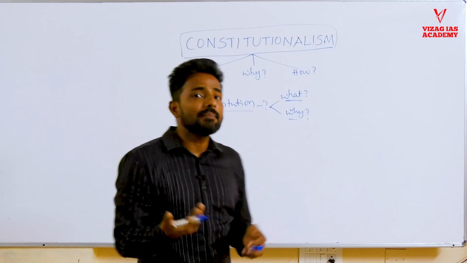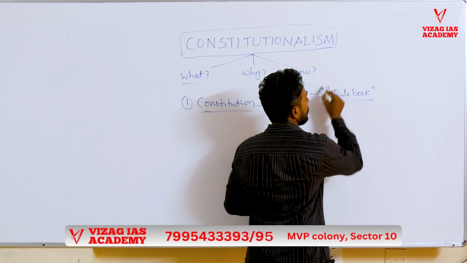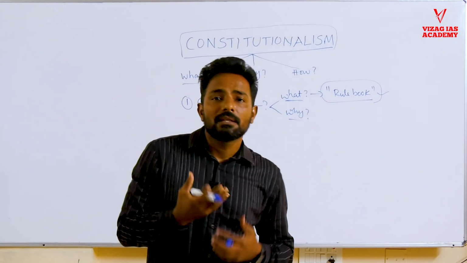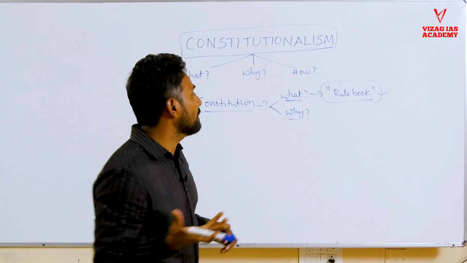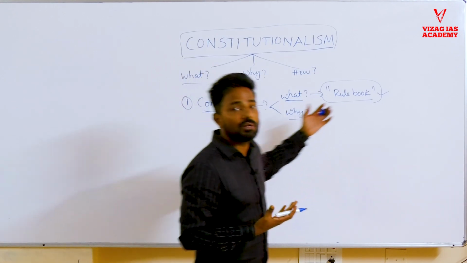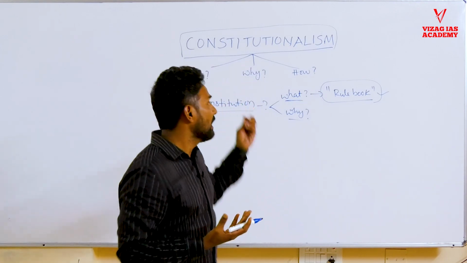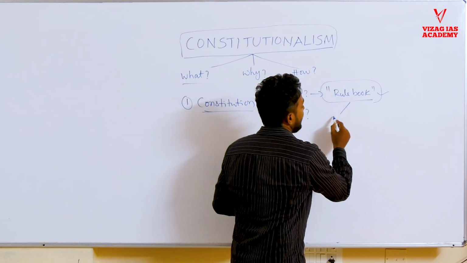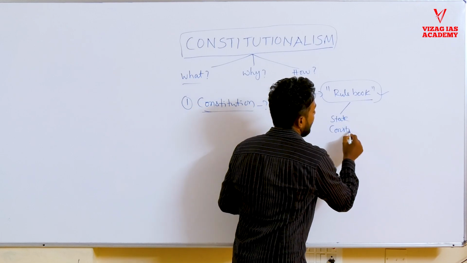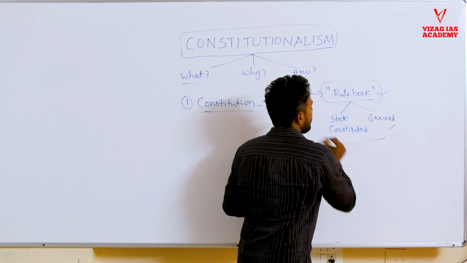In simple terms, constitution is a rule book. Constitution is a rule book which consists of the basic set of rules or fundamental principles for guiding any country, meaning how the government is to be constituted and how it is to be governed, how the state is to be constituted and how the state is to be governed.